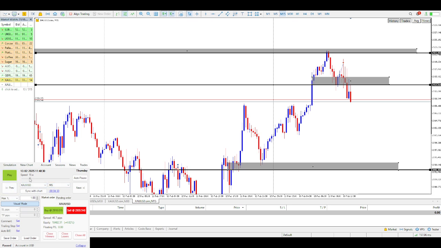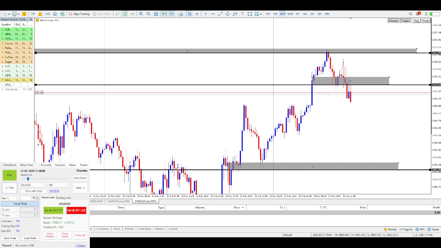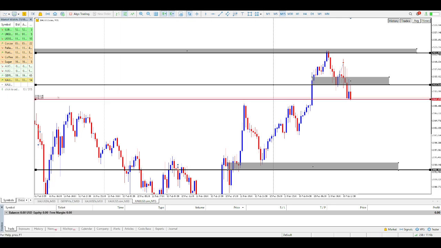Let me reduce this speed. Trend continuation setup.